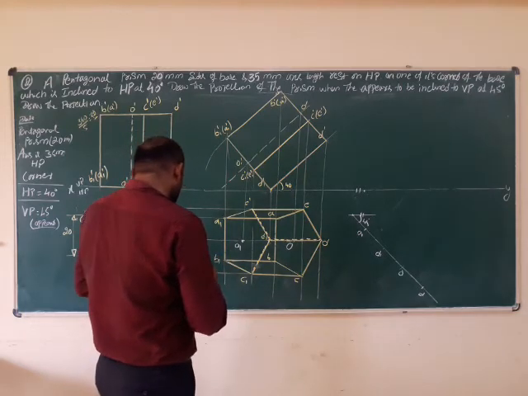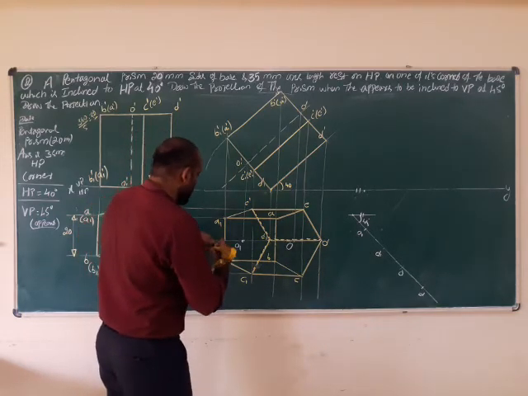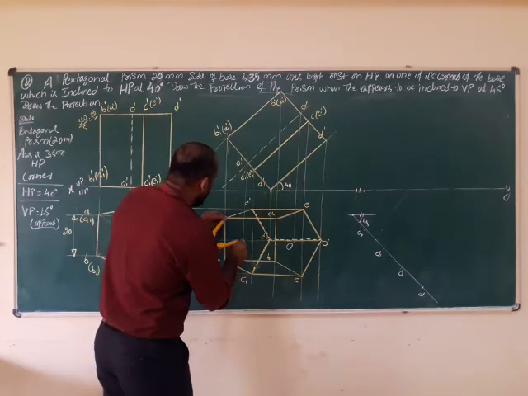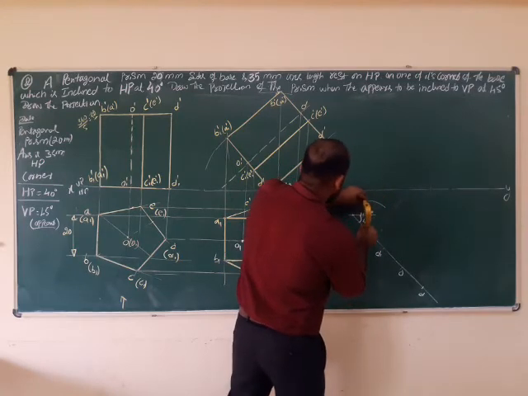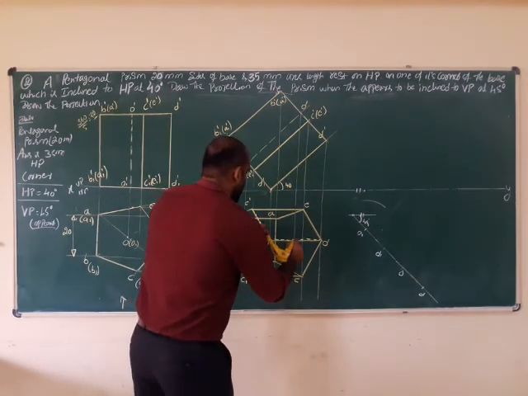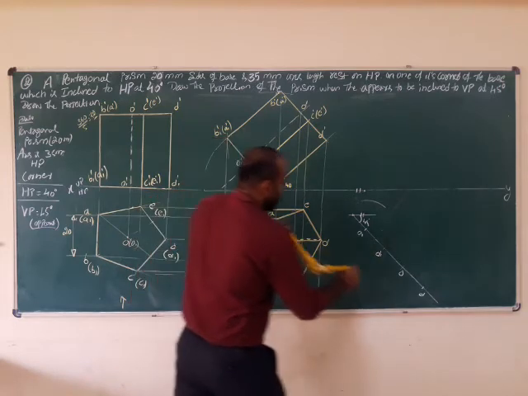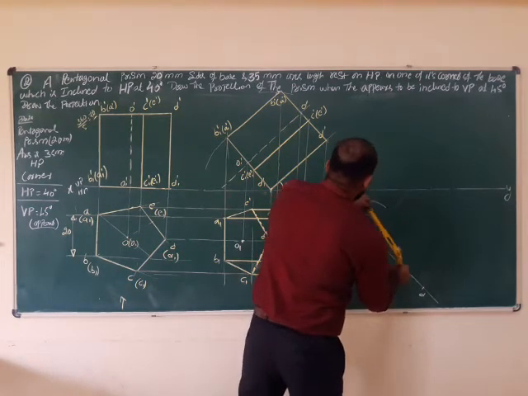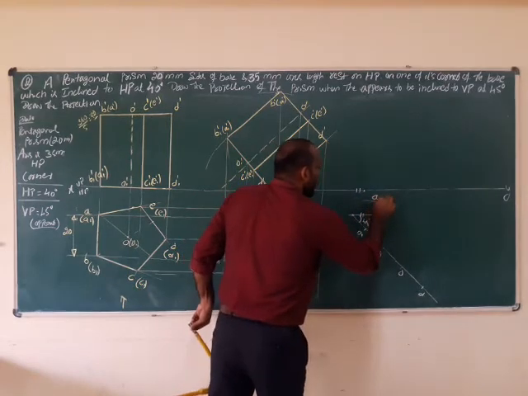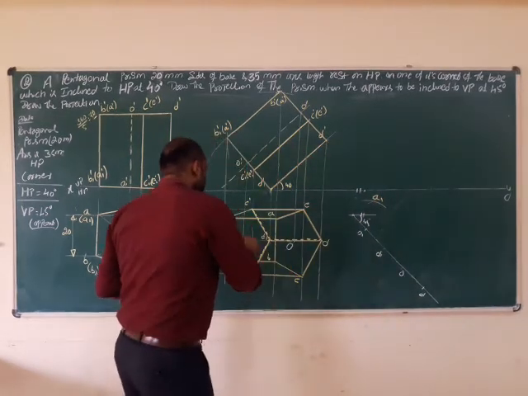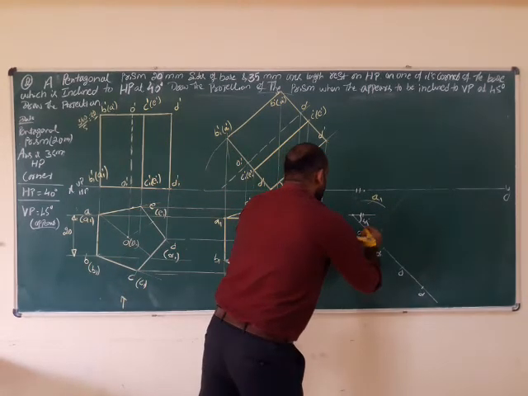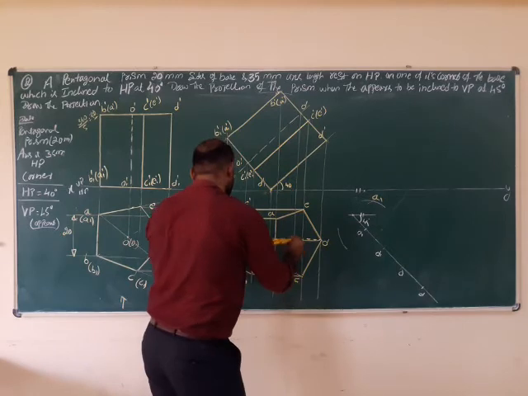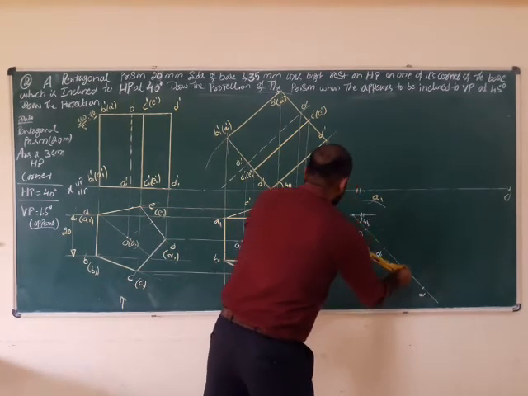In that, take O and O1. O1 to A1, draw from O1 to A1, and from O to A1. This point is cut, and that point is called A1. Same, O1 to B1, O to B1.